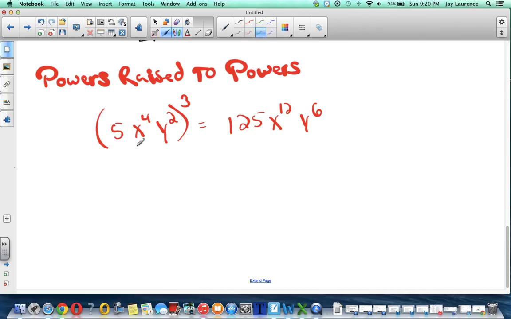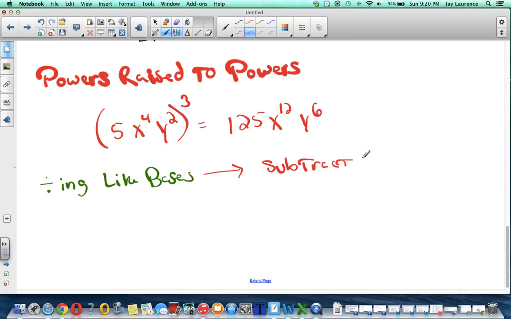Then we found out when we're dividing like bases, well, in that case, we subtract the exponents.